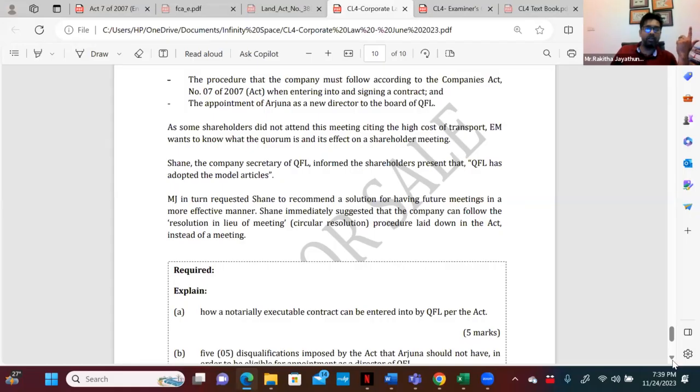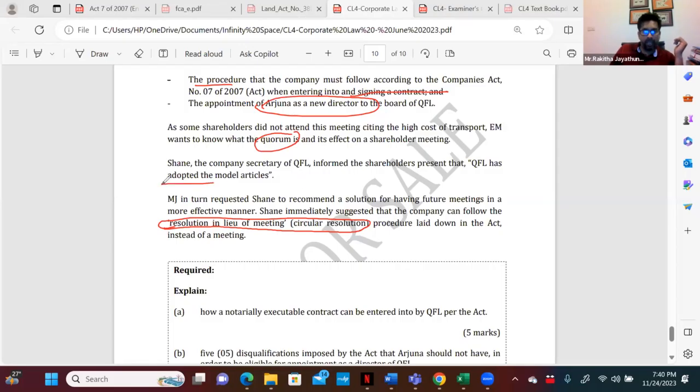Though you have 2 active shareholders, most of them do not attend the shareholder meeting, saying that they can't, citing the high cost of transport. So he's asking the company secretary for a solution for having future meetings in a more effective manner. Shane immediately suggested that the company can follow the resolution in lieu of meeting, circular resolution. These are the key words. There was this word called quorum, and then signing a contract by a company, appointment of a new director.